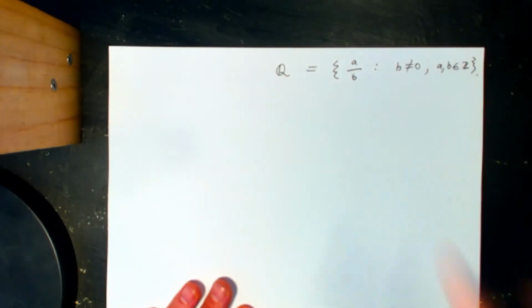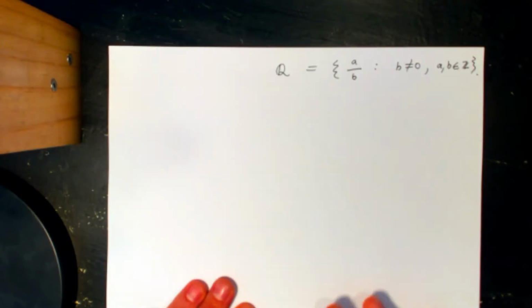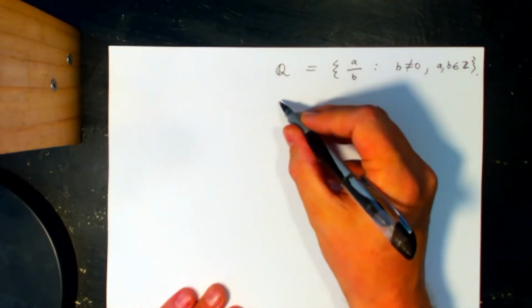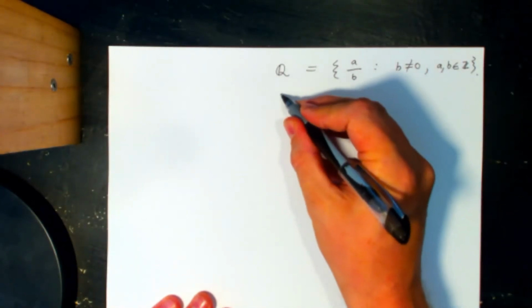Okay, now that's a description of the rational numbers, which you would already know. Now you can always assume that when you have these, that the greatest common divisor of a and b is equal to 1, because you can always reduce your fractions. Right? Furthermore, you can always assume without loss of generality that the denominator is a positive integer. So let's just make the assumptions here.